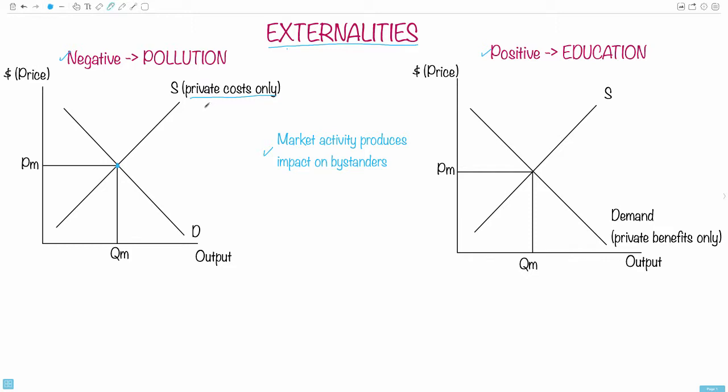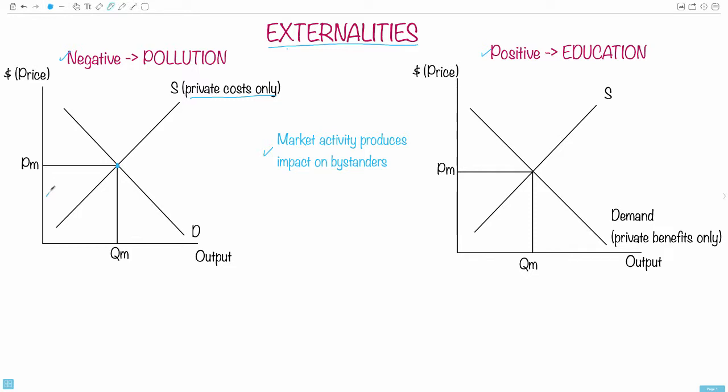However, in the case of some markets, for example, the market for aluminum, agriculture, and others, they produce pollution. And therefore, here is the key to understand negative externalities.